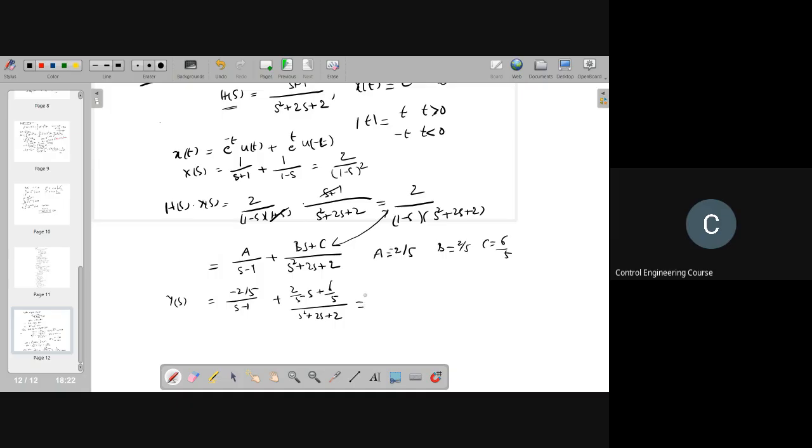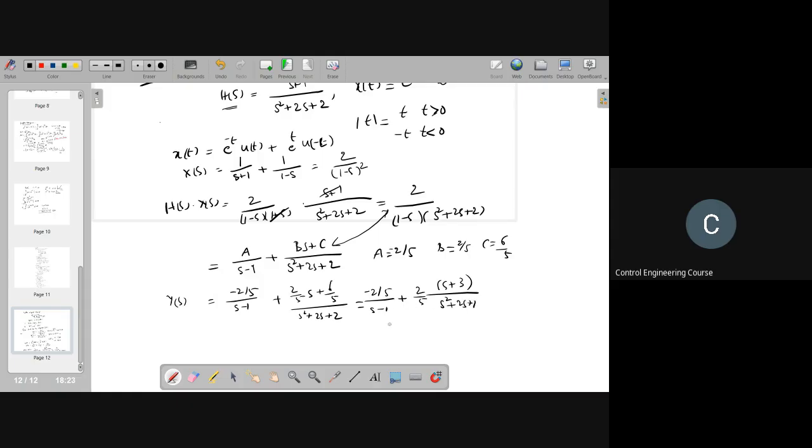That is equal to minus 2 by 5 by (s minus 1) plus, if I take common, (s plus 3) by (s square plus 2s plus 2).